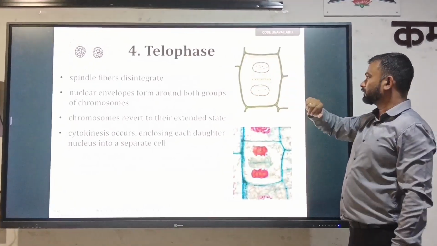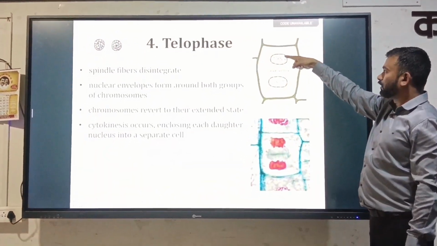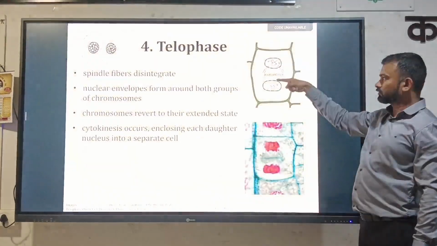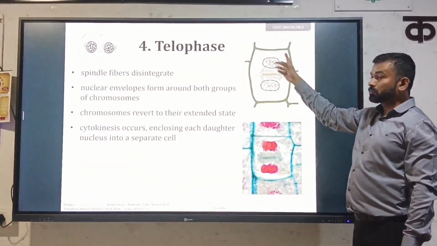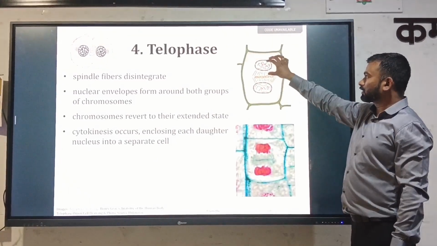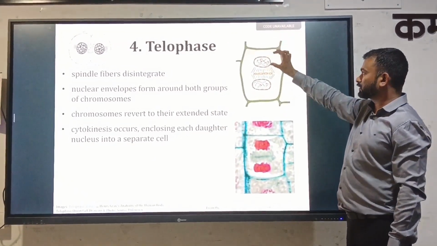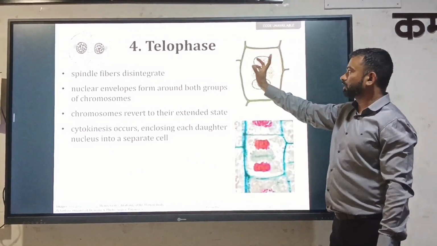Next is the telophase. In the telophase, the chromosomes have already moved towards the polar regions at the north as well as the south pole. Then the nuclear membrane reappears, and there is a separation of genetic material, the chromosomes, in the telophase.